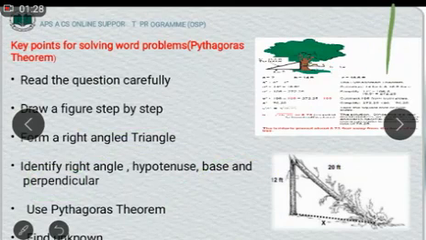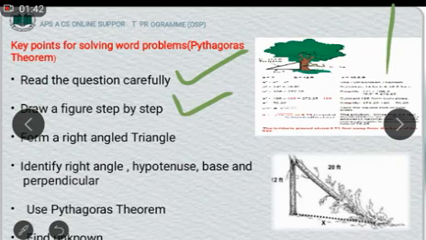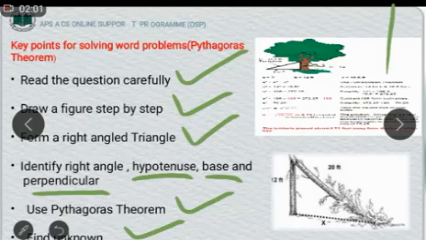Now these are the key points for solving word problems using Pythagoras theorem. First is, read the question carefully, draw a figure step by step, form a right angle triangle, identify the right angle, hypotenuse, base and perpendicular, use Pythagoras theorem and find the unknown in the given formula.